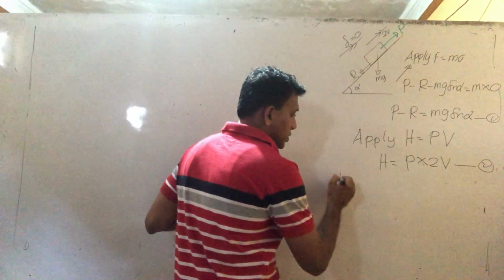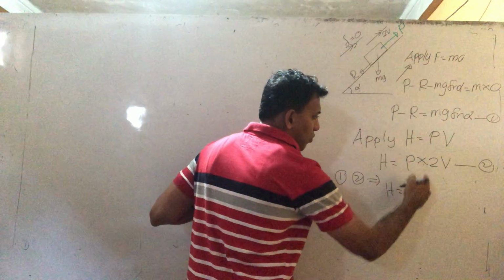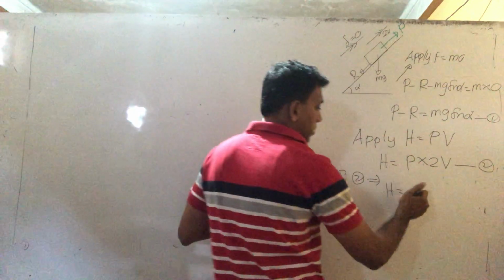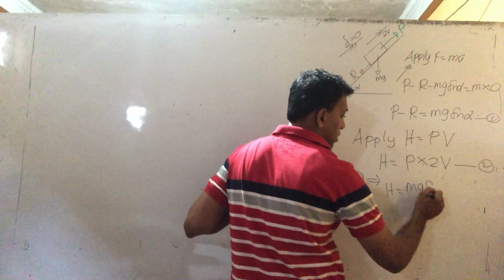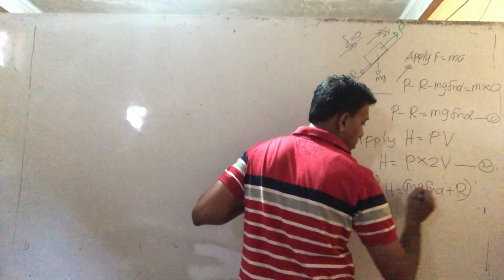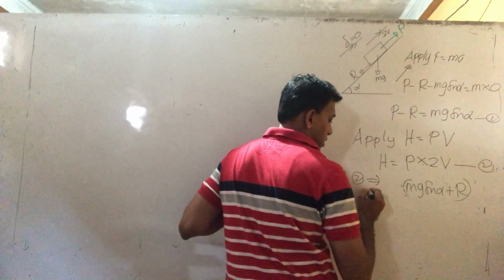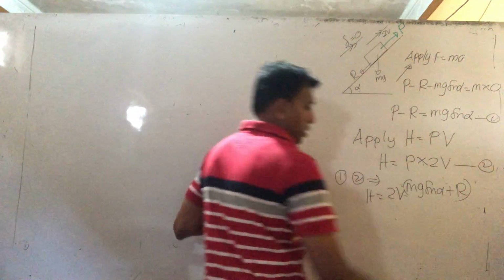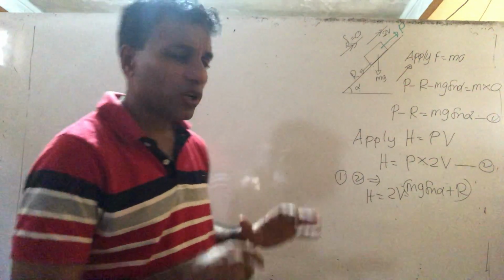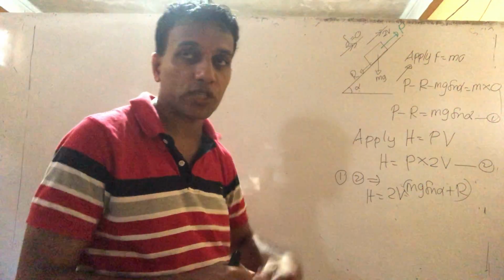From the first, P equals mg sin alpha plus R, so put that into H equals 2V: H equals 2V times (R plus mg sin alpha). This is the result we can collect from this information.